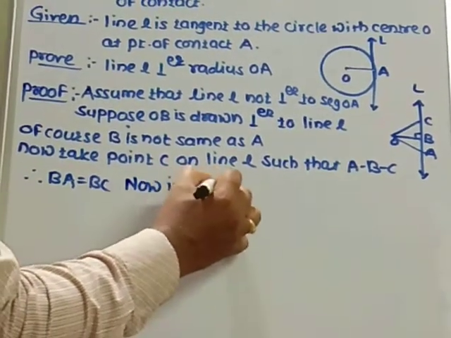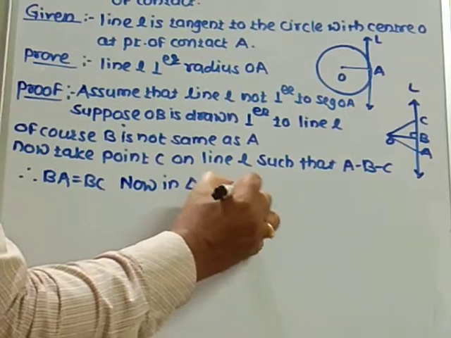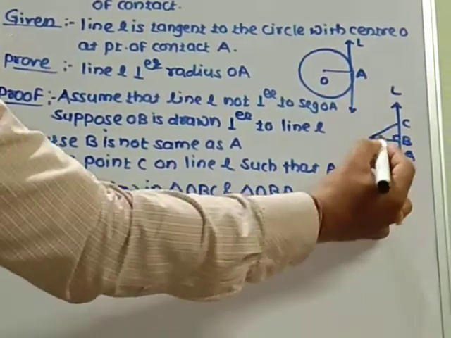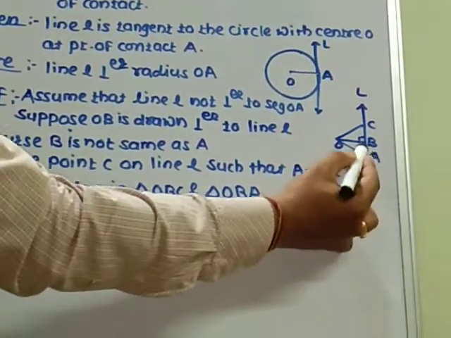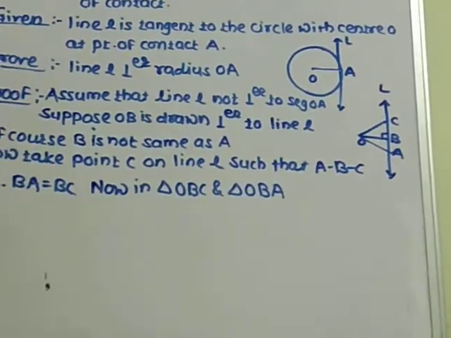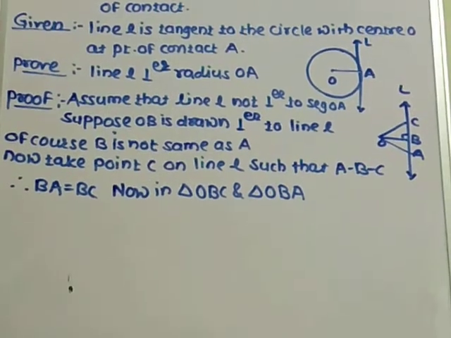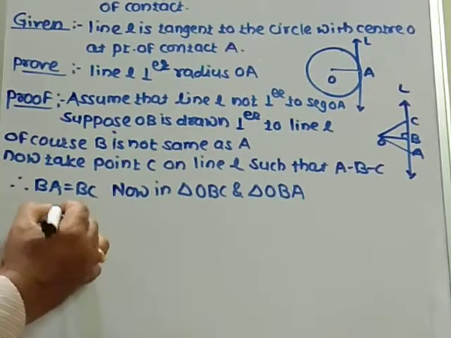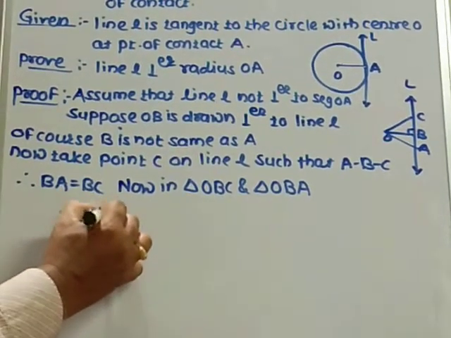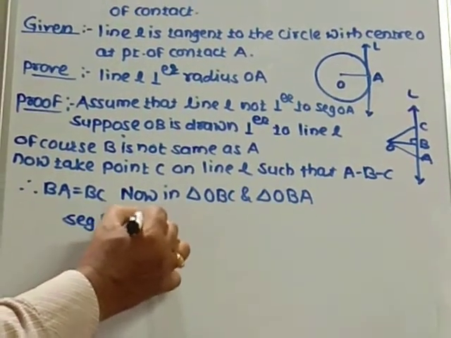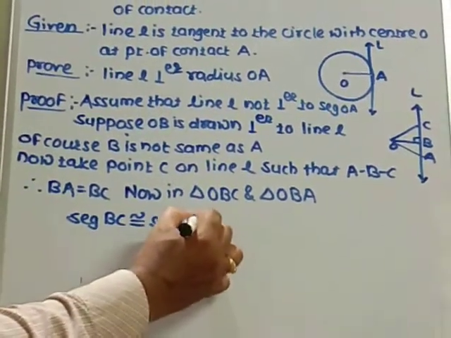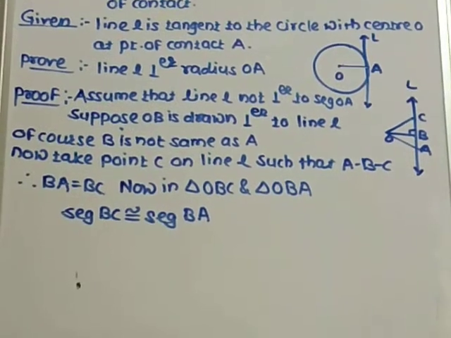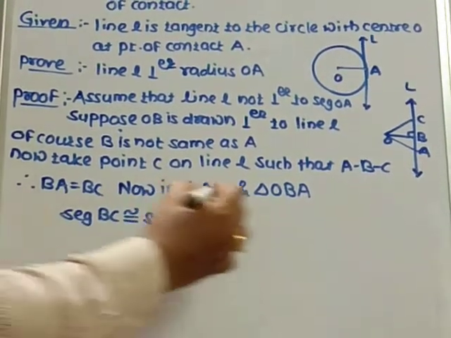In triangle OBC and triangle OBA, segment BC is congruent to segment BA by construction.